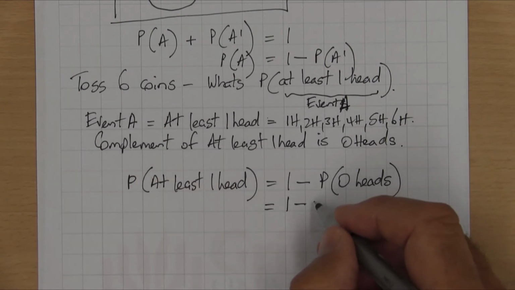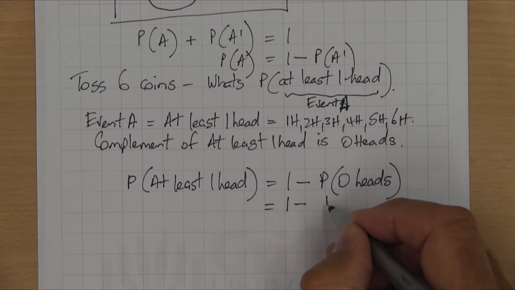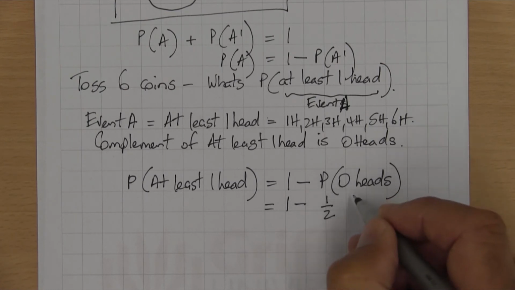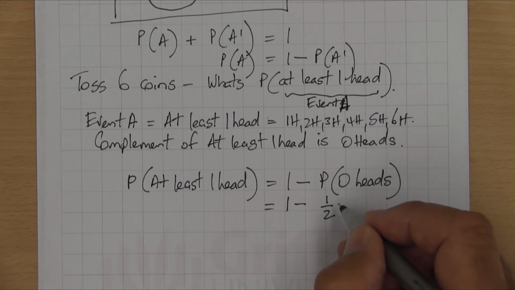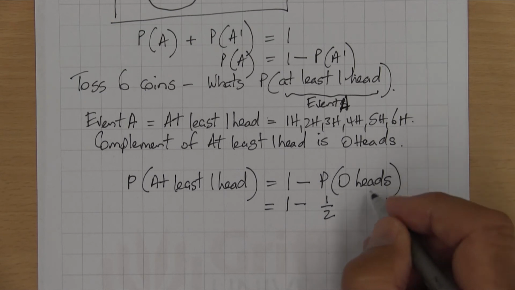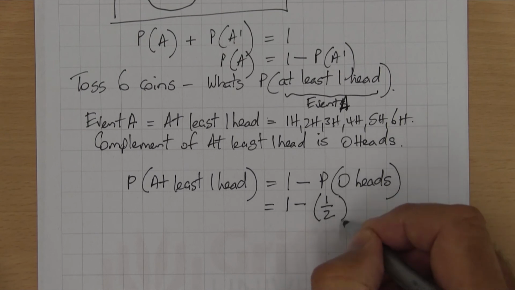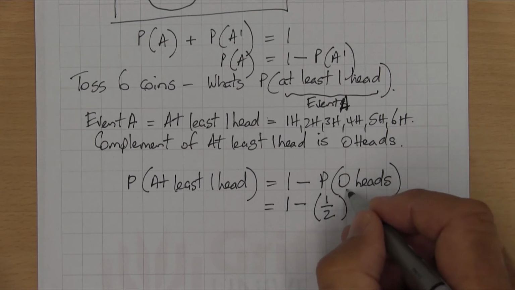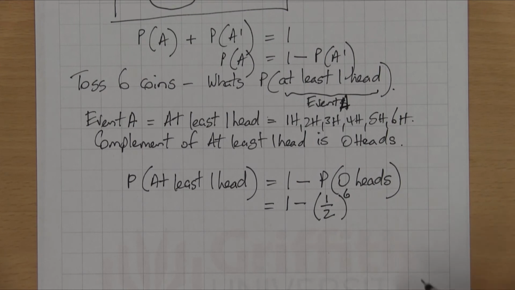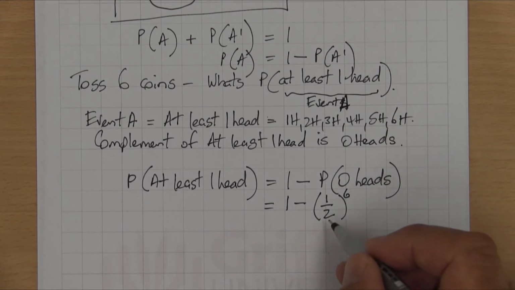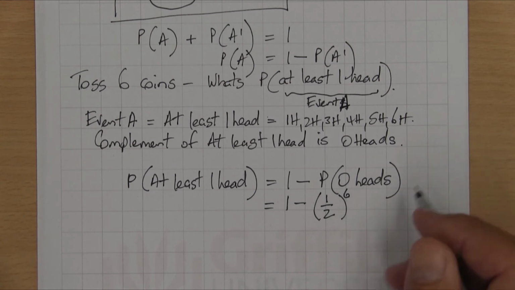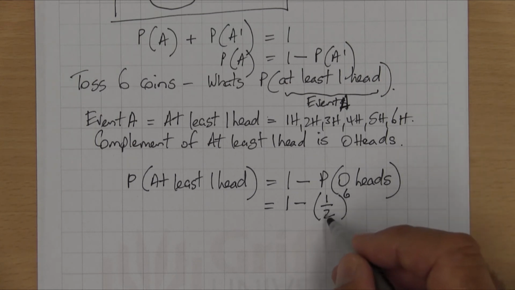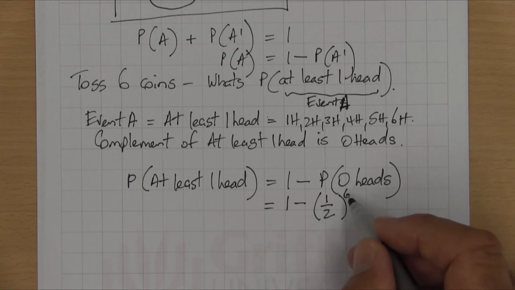The probability on the first toss of getting a tail is a half. The probability on the second is also a half. So it's a half for each of the 6 tails, so it'll be to the power of 6, not times 1/6, because you've got to get a tail first, and a tail second, and a tail third, and a tail fourth, and so on, and these are multiplied. So a half to the power of 6.